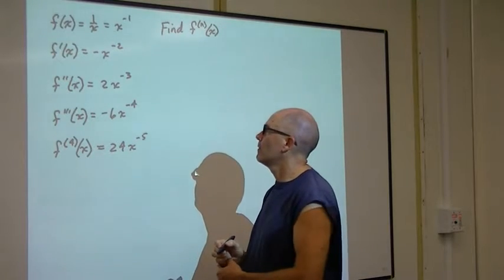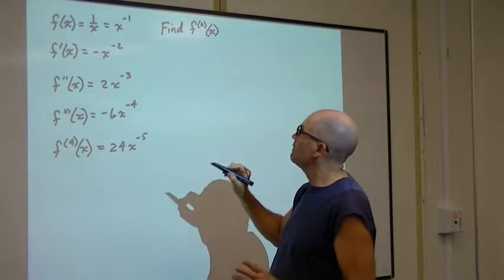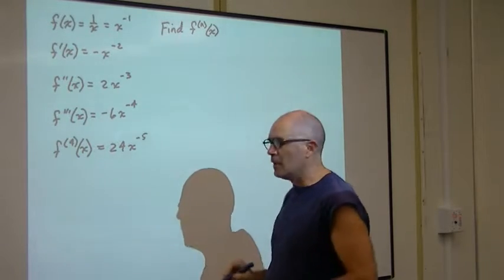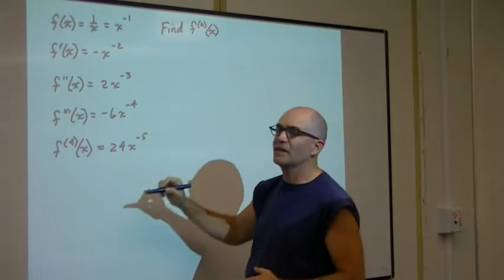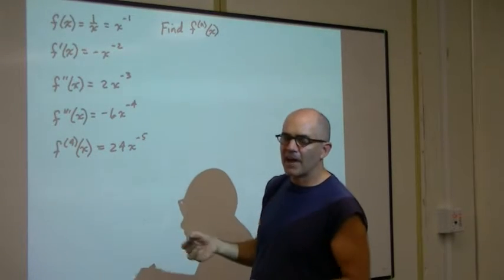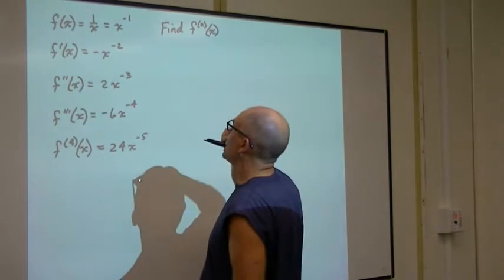Now, this is going to be challenging to find a pattern, but that's what we're trying to do. It's almost like when we were looking at sequences and we're trying to find the pattern of the sequence. Well, let's do something here.